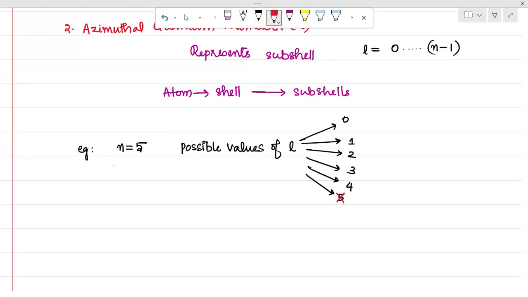Why? Because it can go from 0 up to n minus 1, 5 minus 1, which is 4. So it cannot have 5.